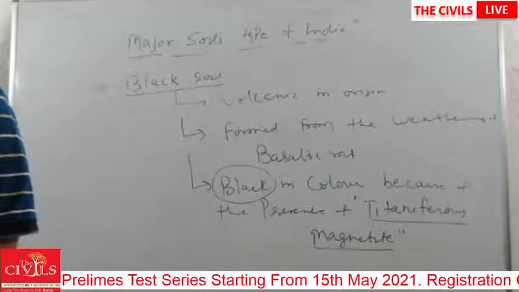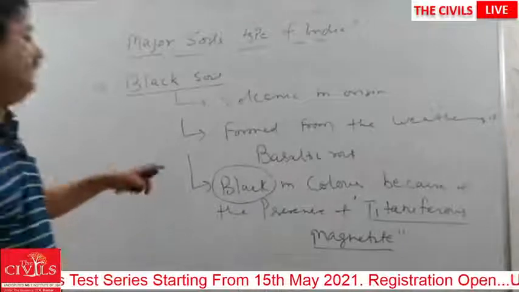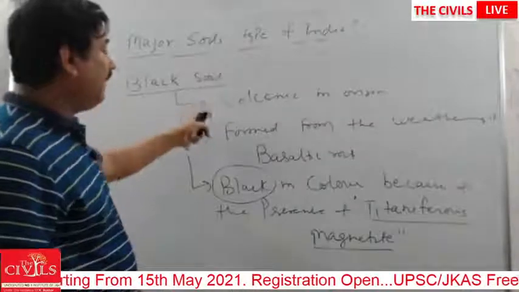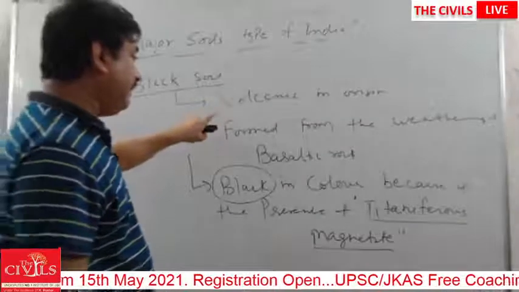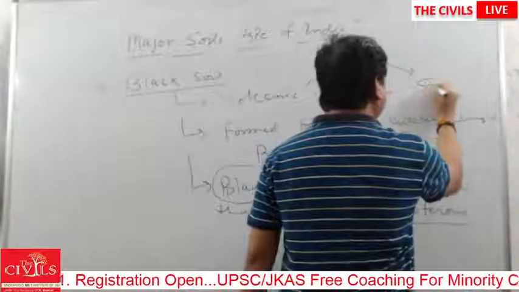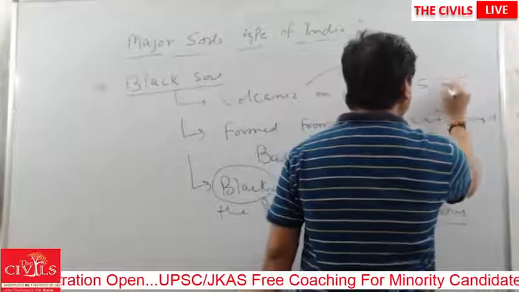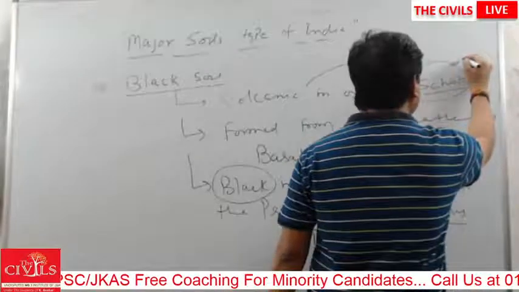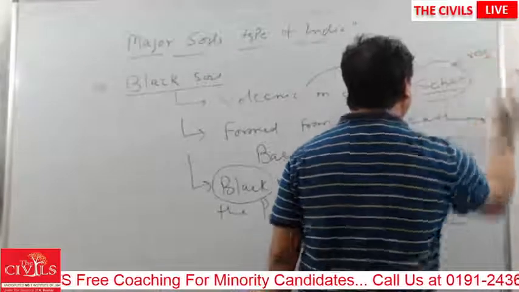And look here, this black soil is volcanic in origin, and apart from that it is also formed from schist rocks. Schist rock is a metamorphic rock.